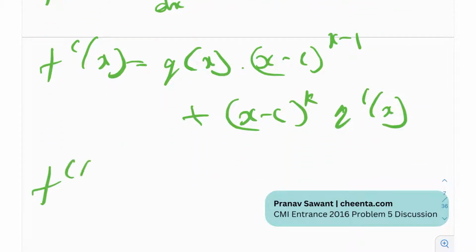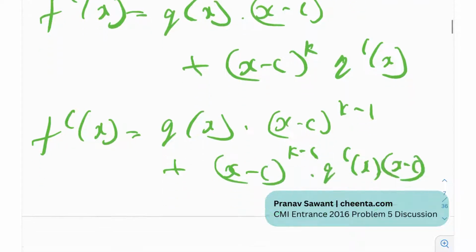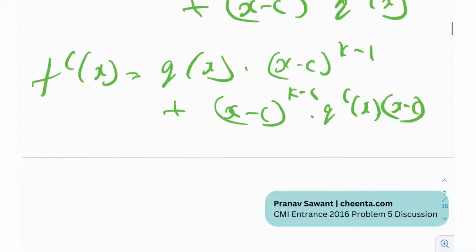And how can we simplify this a little bit? I can write this as (x minus c) raised to the power k minus 1 times q prime of x times (x minus c), splitting this up into k minus 1 and 1.